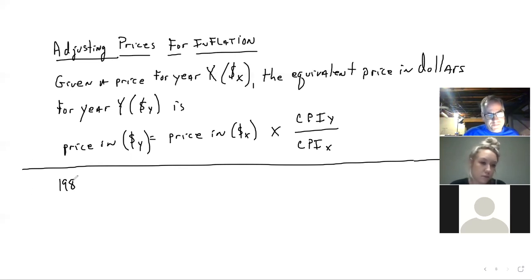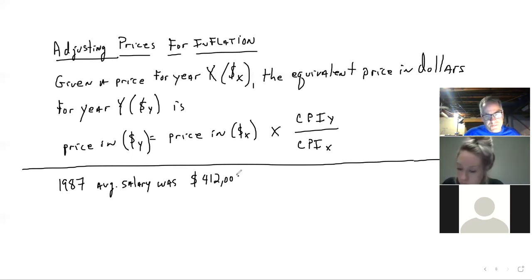So, 1987. The average salary of Major League Baseball players was $412,000. All right, pretty good work, right?